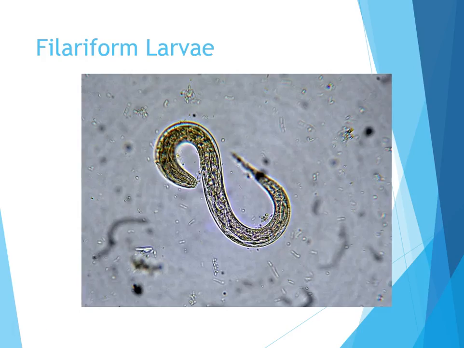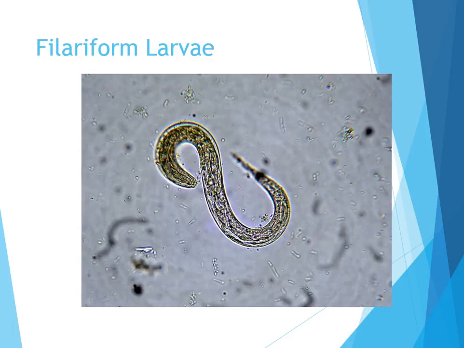The Filariform larva looks like a small, tiny worm. You probably are not going to be able to see most of these by the naked eye. You have to have a microscope. But these are the infective, non-feeding stage.